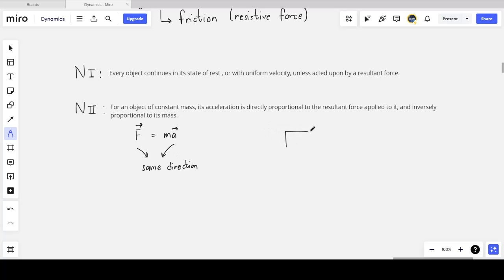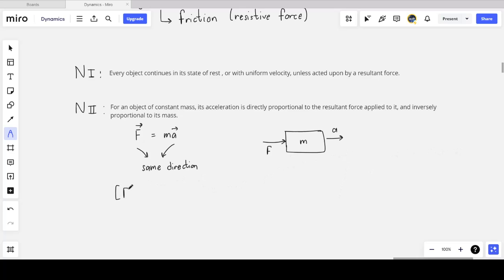So what does this look like? This is a box. Box has mass m. I push the box to the right with force F, and assuming there are no resistive forces, no friction, etc., the box accelerates to the right as well, in the same direction.